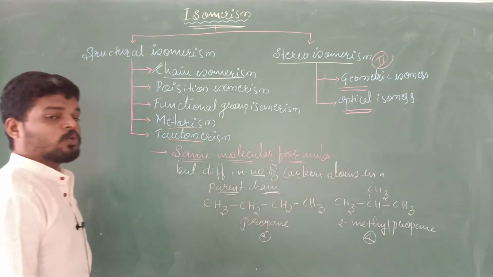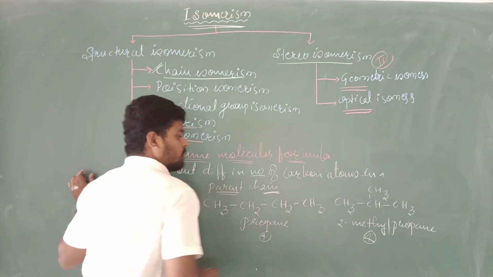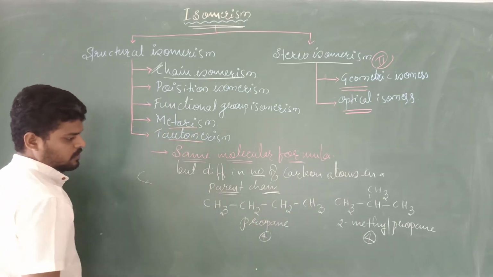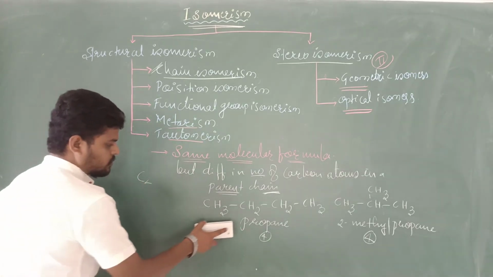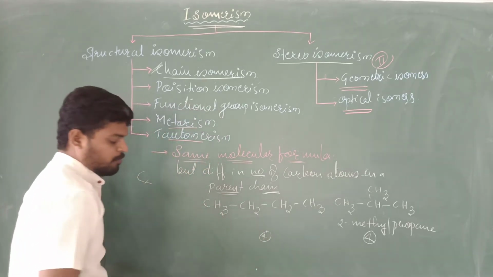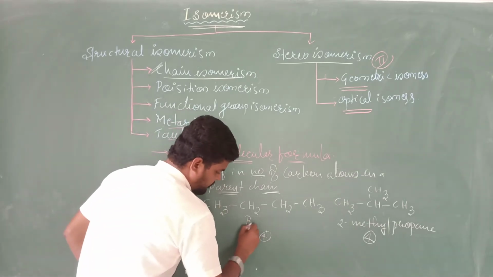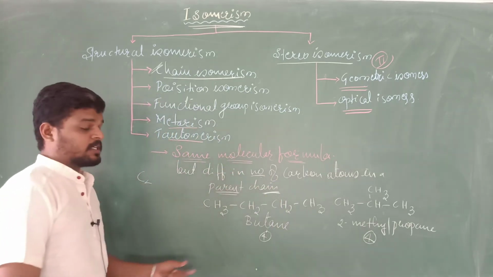So if you look into number of carbon atoms and the number of hydrogen atoms in both the molecules, number of carbon atoms, sorry, the name of a compound will be, this is not a propane, butane. So number of carbon atoms 4, we call it as a but and single bond ANE, that is a butane.